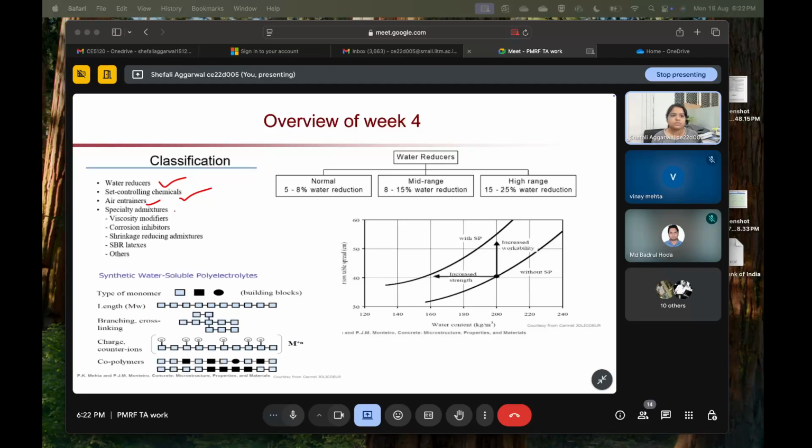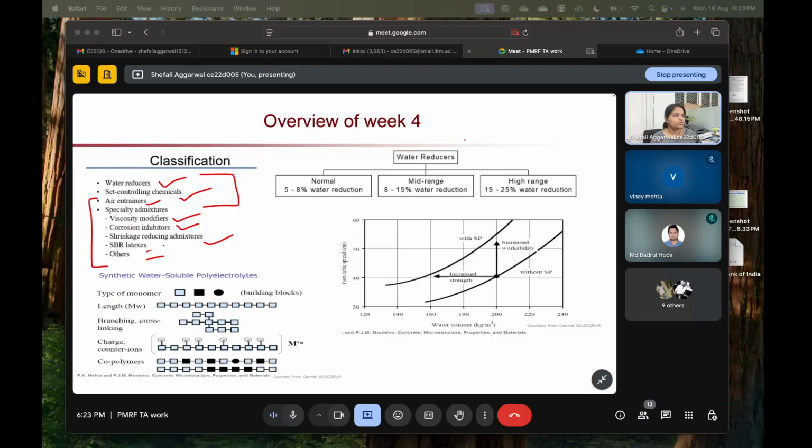And then special admixtures like viscosity modifier, corrosion inhibitor, shrinkage reducing, SBR latex and others. In week 4 you might have only learned about two types of admixture, water reducer and set controlling chemicals. All others will come in week 5, so we will talk about them there.